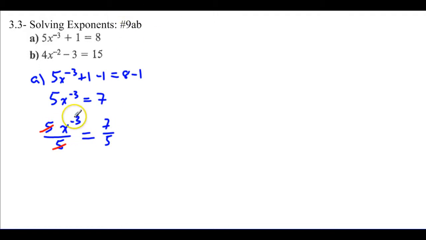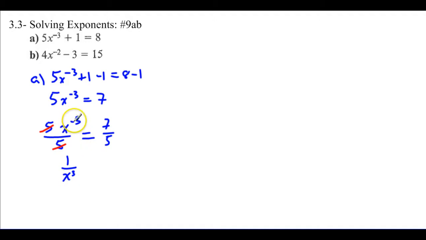Now, x to the negative 3, of course, is sort of where the problem occurs. I can't necessarily punch that into a calculator to solve this question. But we know from before that the negative exponent actually means that we're going to flip the base. And so instead of x to the negative 3, we can flip our base and get 1 over x cubed.